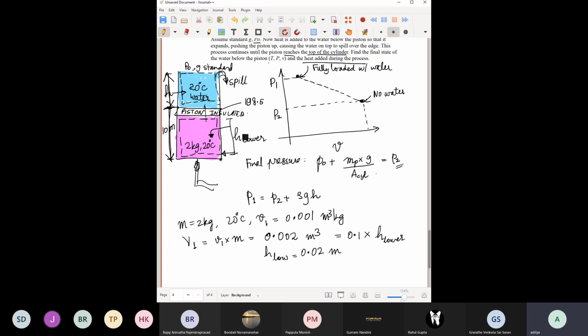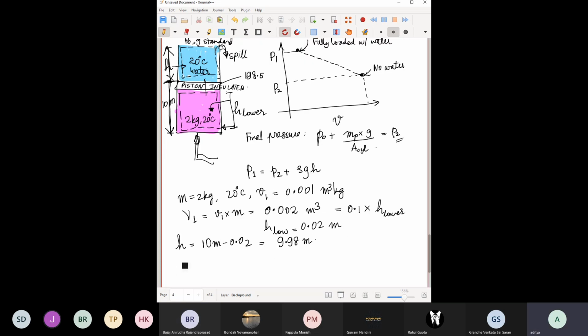So the height above is going to be equal to 10 meter minus 0.02, which is 9.98 meter. Using this, we can precisely pinpoint what P1 is. So P1 will be P2, that is P0 plus this term, plus rho G times 9.98.